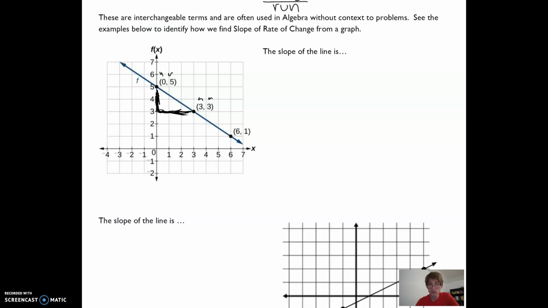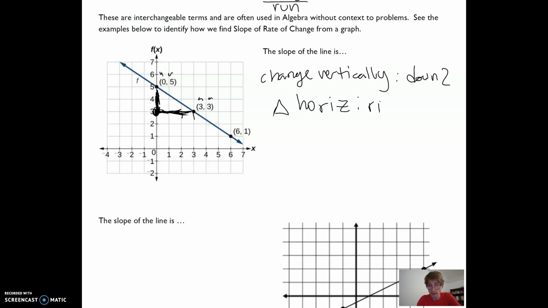Now we're going to try to figure out how much it changes vertically. If you look at the graph, we are moving down 2. What is the change in the horizontal direction? Well, we start over here, and then we count over 1 and 2 and 3.